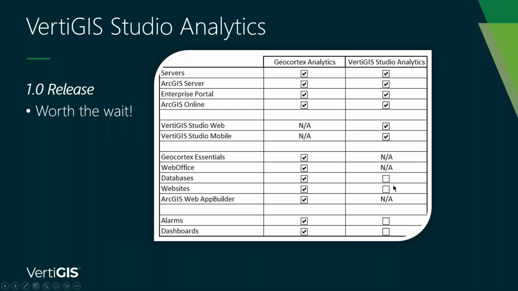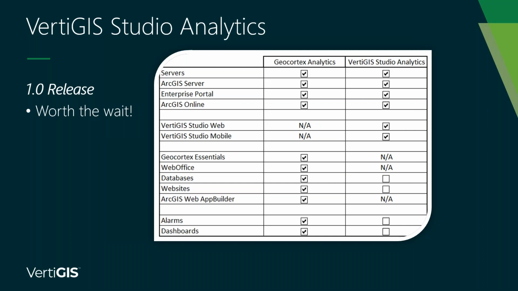We still have a little bit of work to do to get the databases stuff working. And really the one to call out here is alarms. That is the very next thing on our list, to start working on alarms functionality for VertiGIS Studio Analytics. But what it does today, it does very well, and I think you will very much enjoy it.